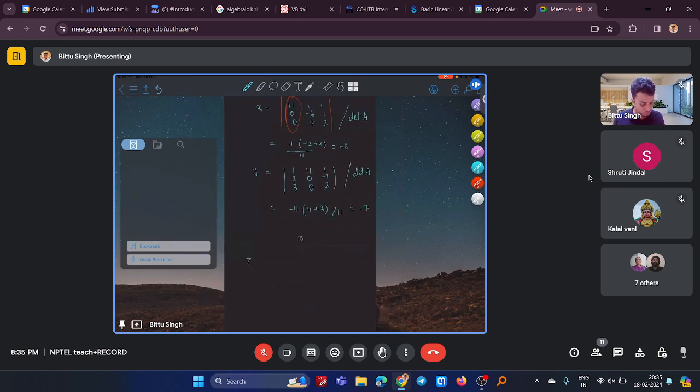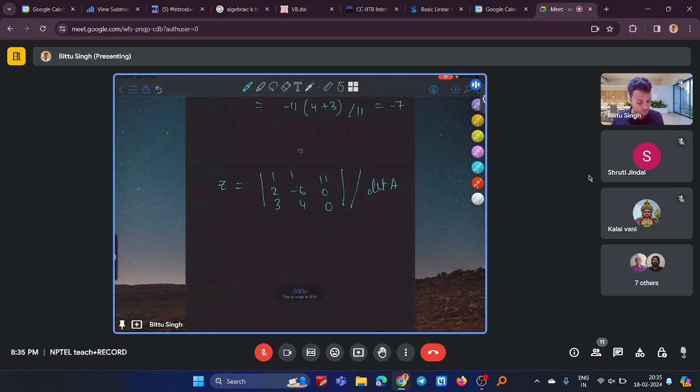Similarly, what will be z? z is the same as 11, 0, 0 in the third column, with 1, 2, 3 and 1, minus 6, 4. It is the same as 11 times 8 plus 18.